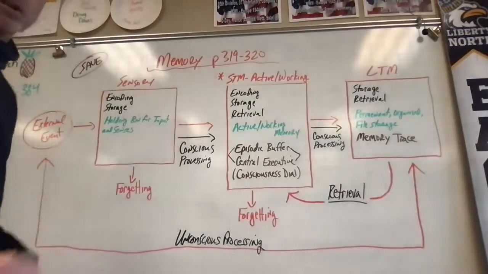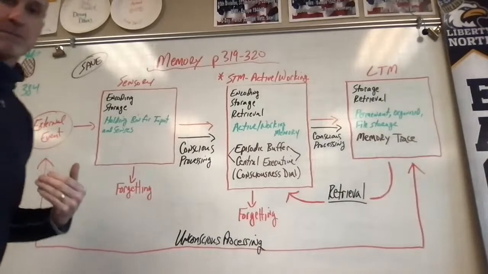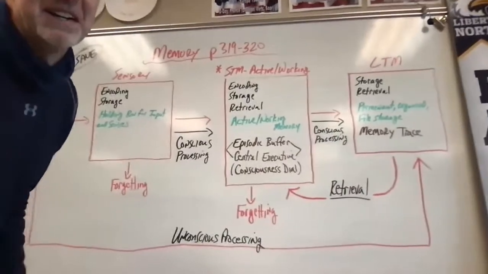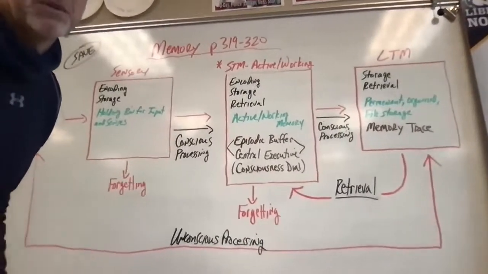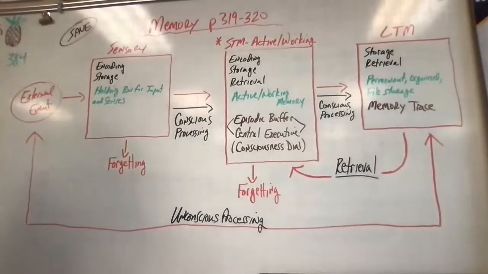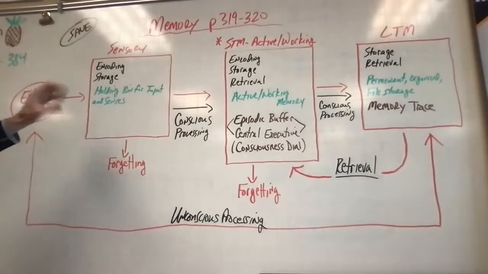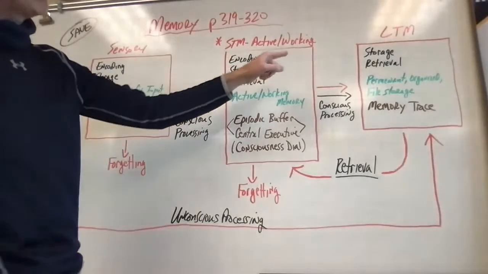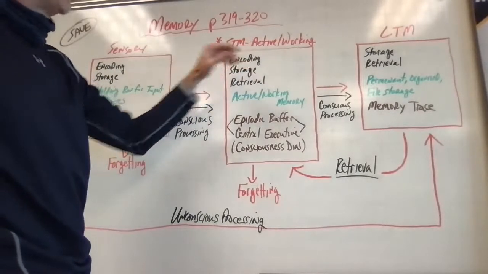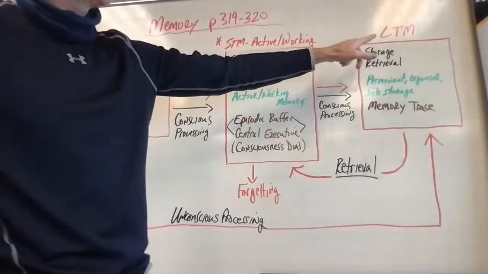You're not going to see my head in a lot of this video, but that's not what's important. I want you to see what this is. In the diagram, in red, I have your memory stages or systems: sensory, short-term, long-term.